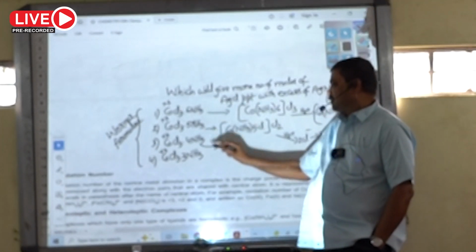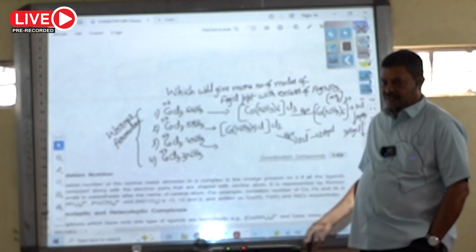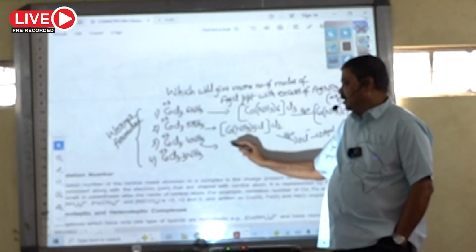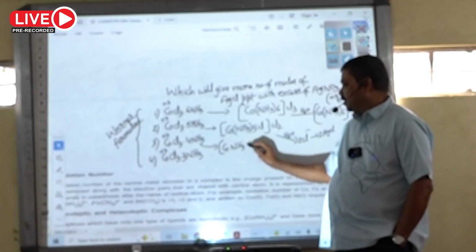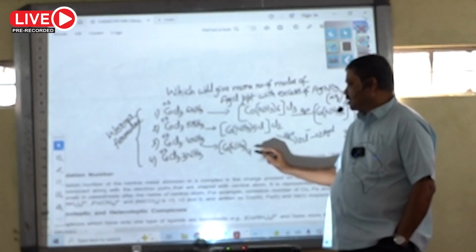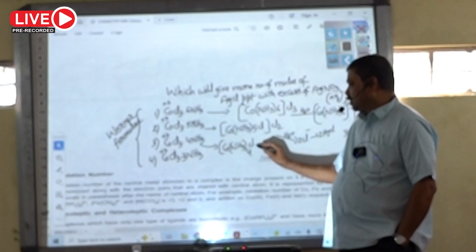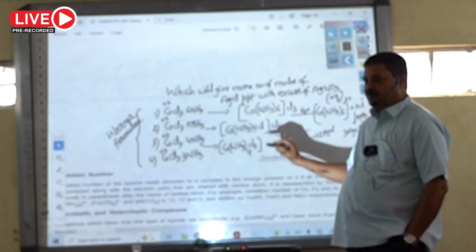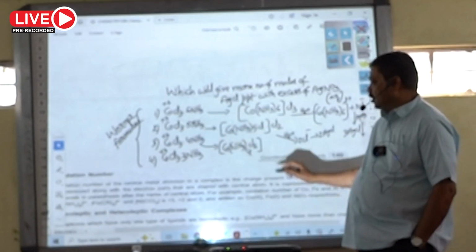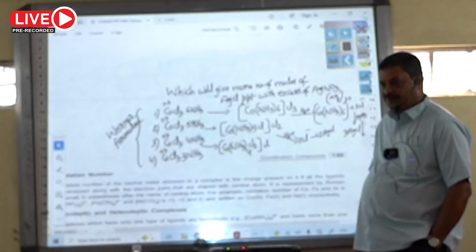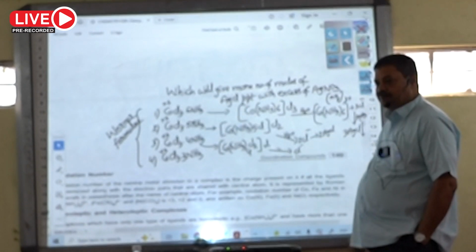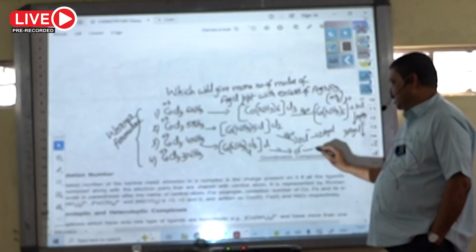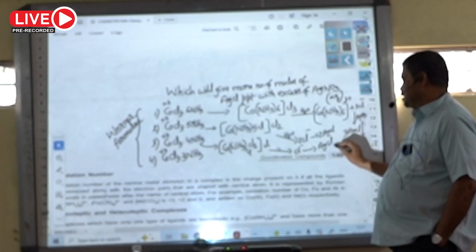What about the third one? Now you understand everything. Here only 4 NH3s are there. Cobalt requests how many chlorines to remain in the square bracket? 2 chlorines, so that its coordination number becomes 6. Only 1 chlorine will be outside. So in water medium, 1 Cl minus will come. With 1 Cl minus, you will get 1 mole of AgCl.